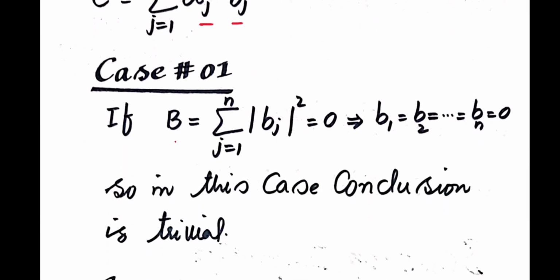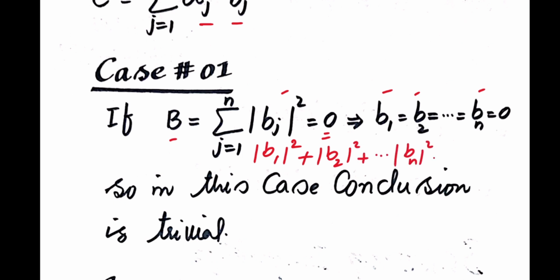If B, that is the summation from j equal to 1 to n of the square of |bj|, is equal to 0, then it is possible only if every b1, b2 up to bn, all of these complex numbers are 0, because if you open this sum, you can write it as |b1| squared plus |b2| squared up to |bn| squared, which is equal to 0.